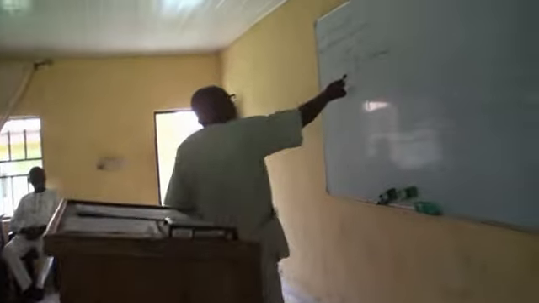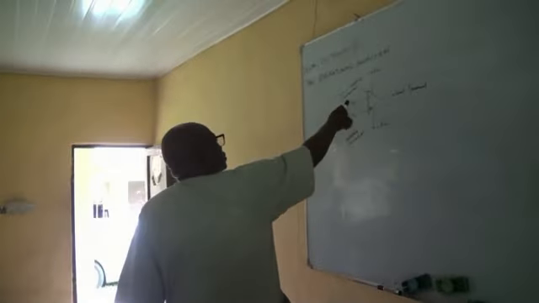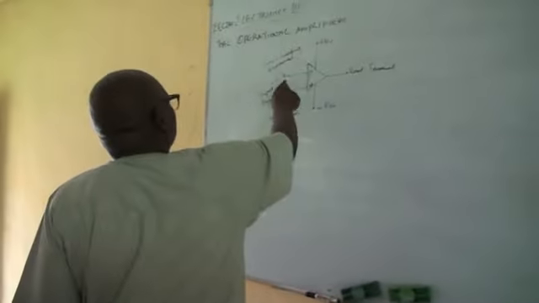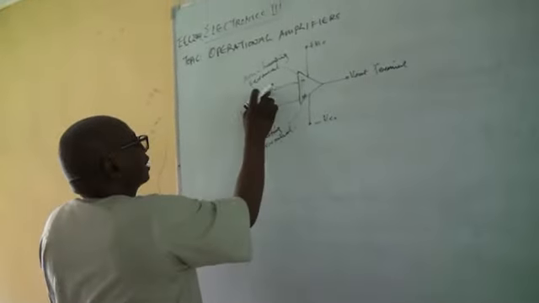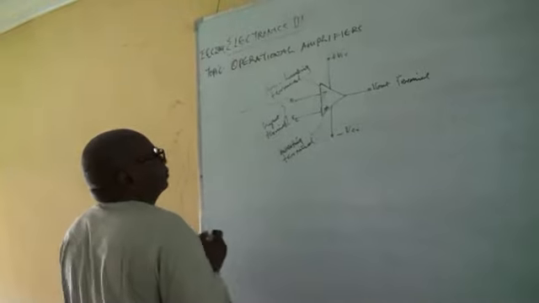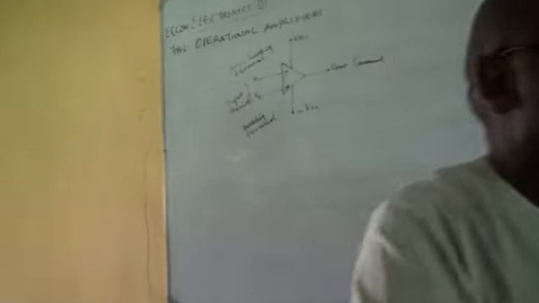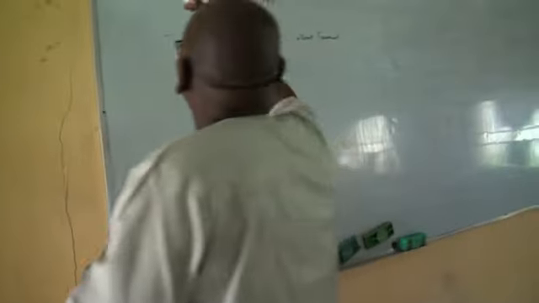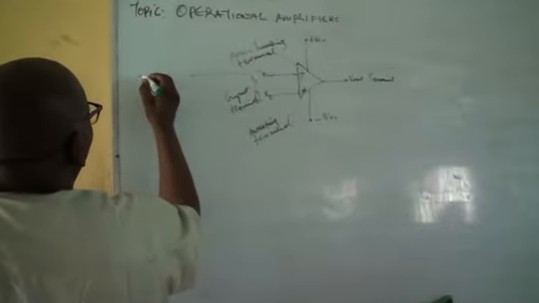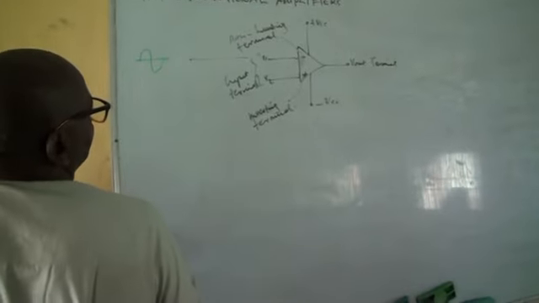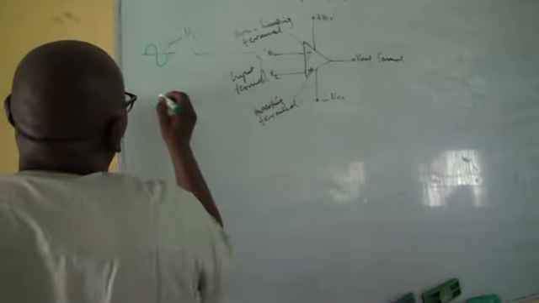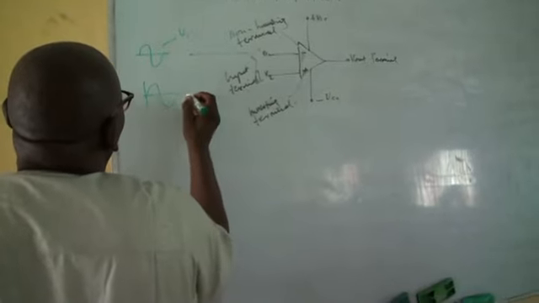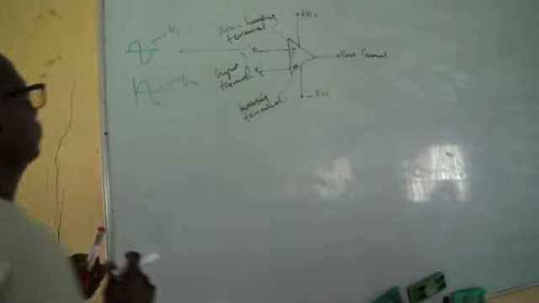So, having seen this, you know that anytime there's an input at V1, let me use another marker to demonstrate. Now, if for instance we have an input like this, are you getting me? Yes, this is for V1, or have another one like this for V2.